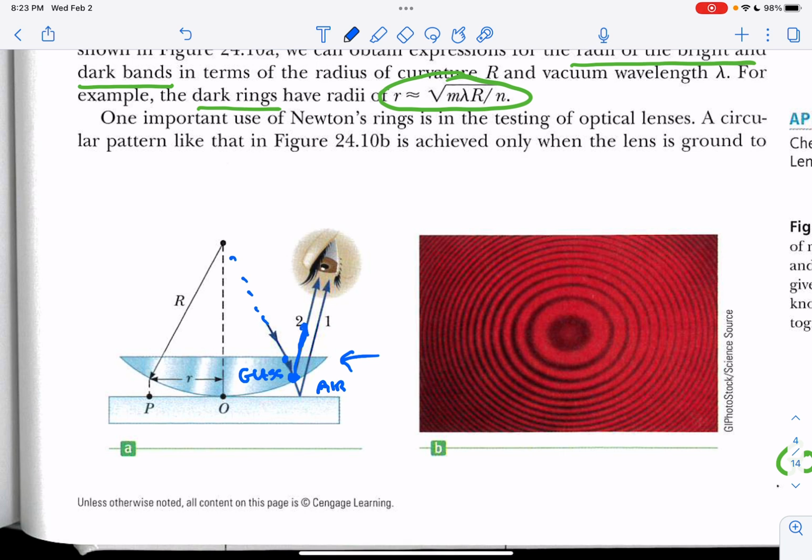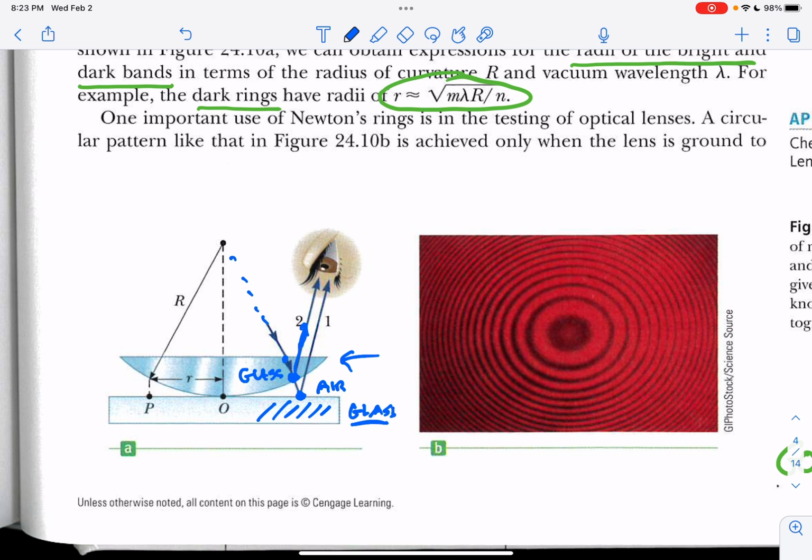Now, this light that manages to go through the glass and bounce off this material down here, this index of refraction, let's say it's a glass, maybe another kind of glass again. Now, this glass does have a greater index of refraction than air. And so right here, you're going to get a phase reversal.